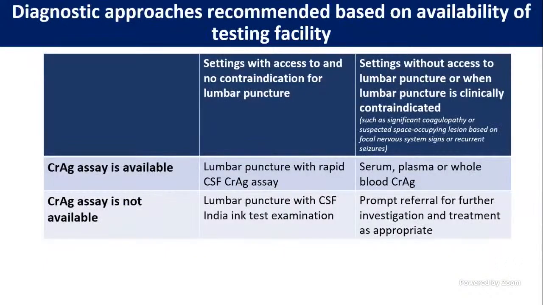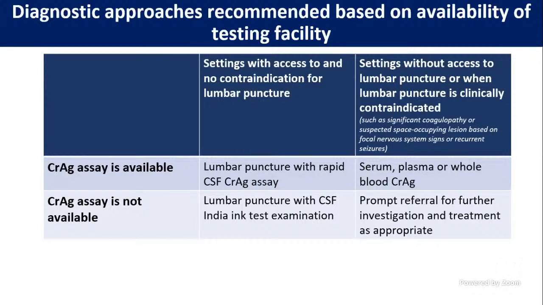So now let us look at the diagnostic approach depending upon the type of facility and whether or not a facility has access to some of these tests. One of the biggest challenges to treating cryptococcal meningitis in Sub-Saharan Africa is that they don't even have the capability or access to performing a lumbar puncture.